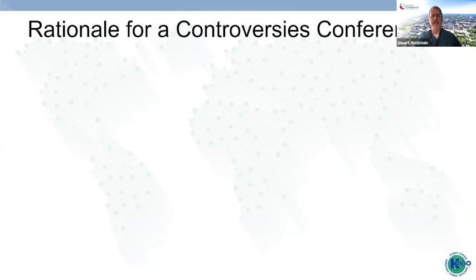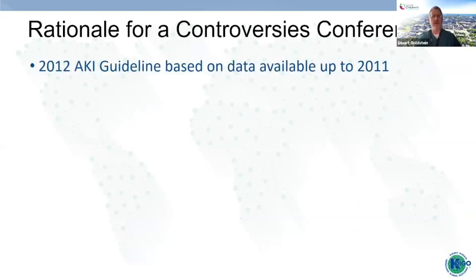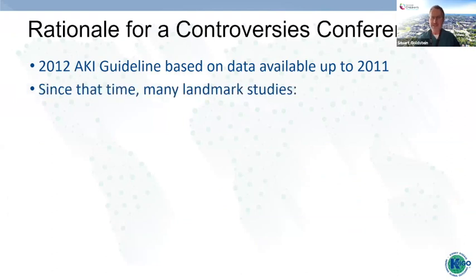So why does KDIGO convene a controversies conference? Well, the 2012 AKI guidelines were based on data that were available up to 2011. And since that time, there have really been many landmark studies in both adult and pediatric acute kidney injury.